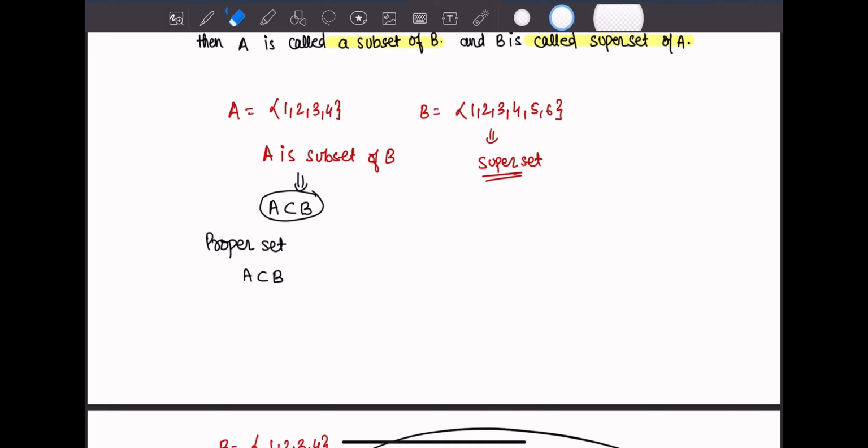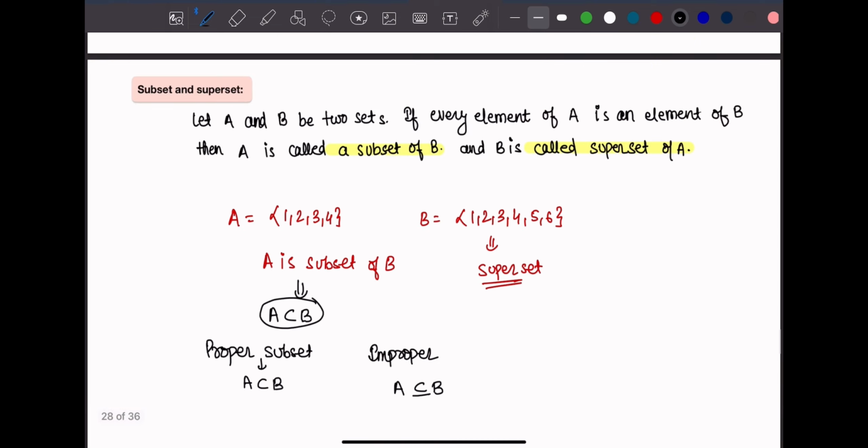Proper subset, that is, A is subset of B. Improper means we will use likewise A is subset and equal to B. A is subset as well as equal to B. That is our symbol of improper subset.